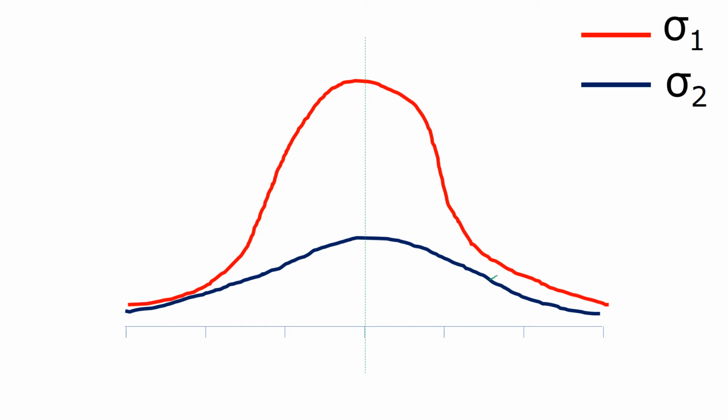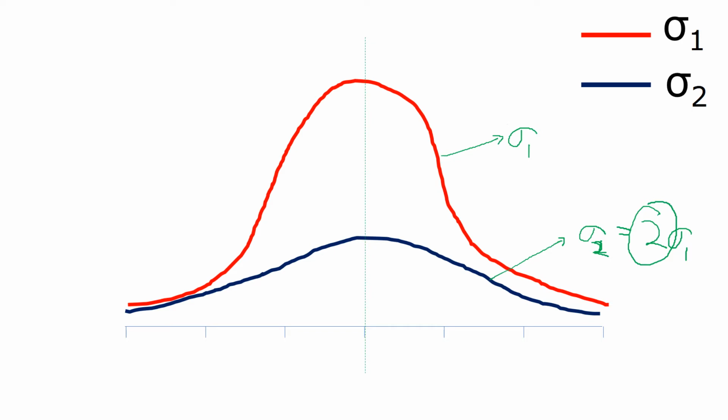Over here, the red curve represents a normal distribution with a standard deviation of sigma 1, and the blue curve represents a normal distribution with a standard deviation of sigma 2. Sigma 2 is double sigma 1, so the standard deviation of the blue curve is double the standard deviation of the red curve.